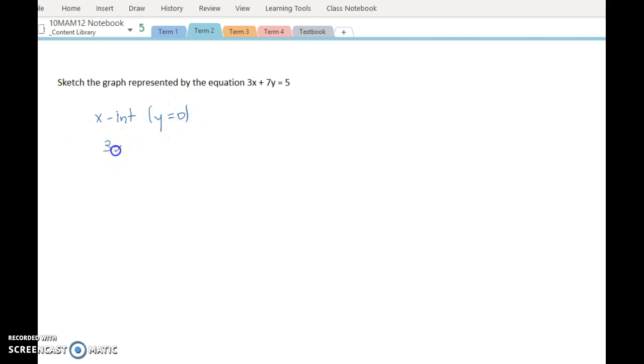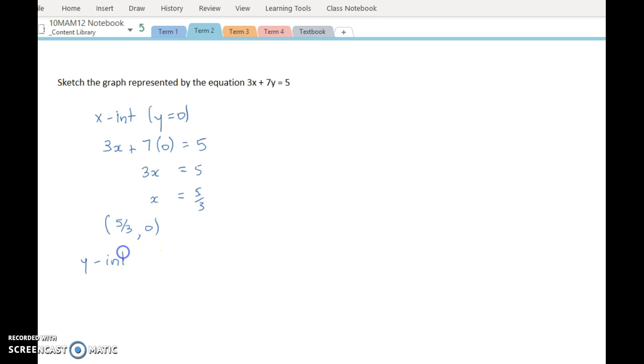So we rewrite our equation, except when we get to the y portion, we replace it with 0. 7 lots of 0 is 0, so 3x will equal 5, and therefore x will equal 5 on 3. Our x-intercept then is 5 on 3, or approximately 1 2/3, 0.